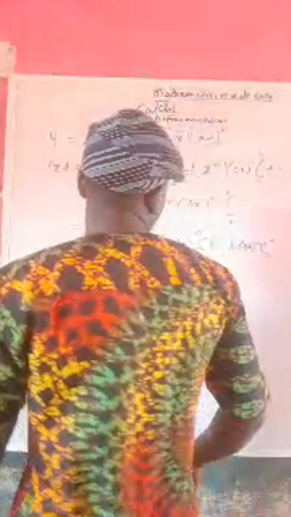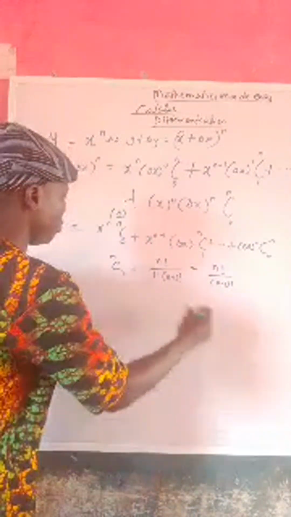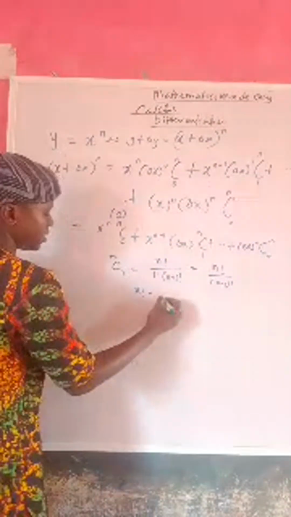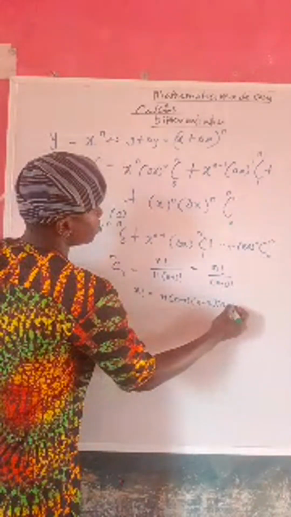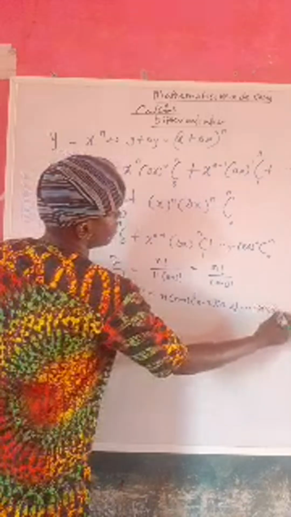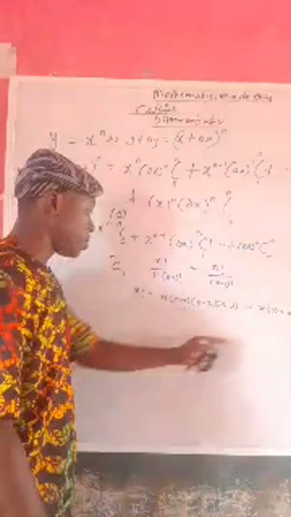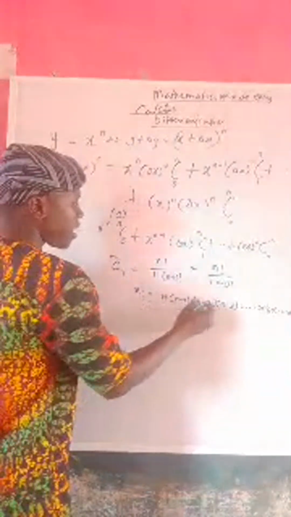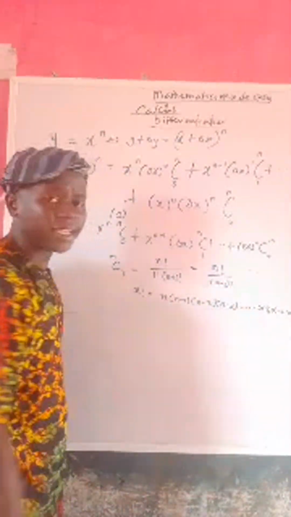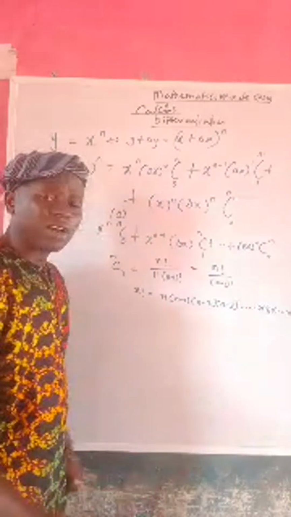Now, from your factorial, n factorial means n multiplied by n minus 1, n minus 2, n minus 3, times 3, times 2, times 1. That is your n factorial. Good. So we can rewrite n factorial in terms of our denominator so that it can cancel out. What am I saying?